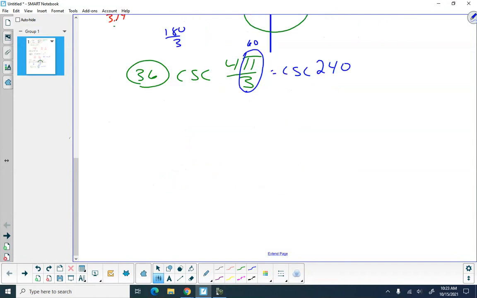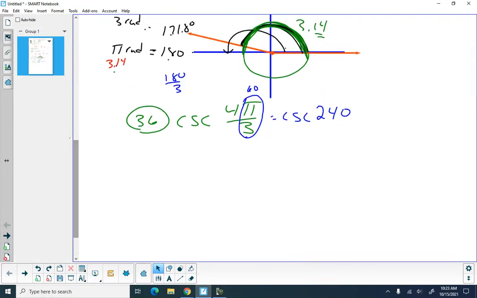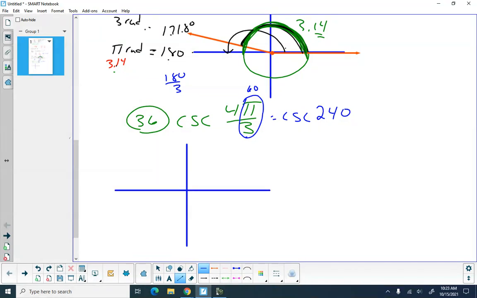So 240 degrees, I want to find the cosecant of 240. Well, we've done this problem. Make your axes. Draw in a 240-degree angle. This should be rekindling some fond memories.